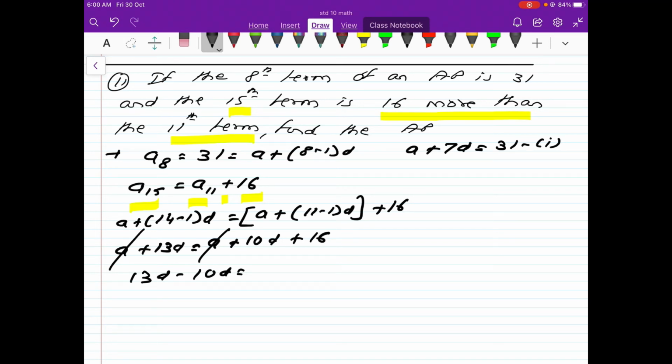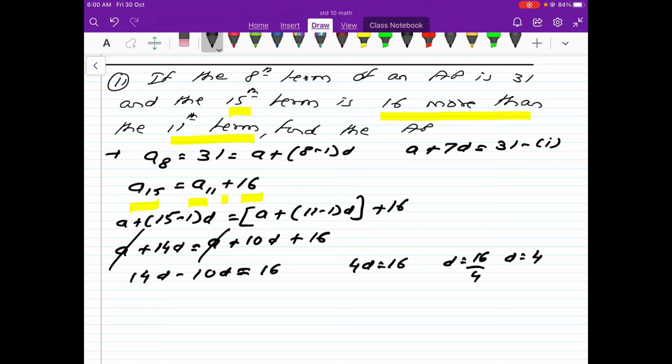This is 15 minus 1, so this will be 14D, not 13D. So I am making a correction here, 14D. So it will be 14D minus 10D is equal to 16. So 4D is equal to 16. Therefore D is equal to 16 upon 4. D is equal to 4.